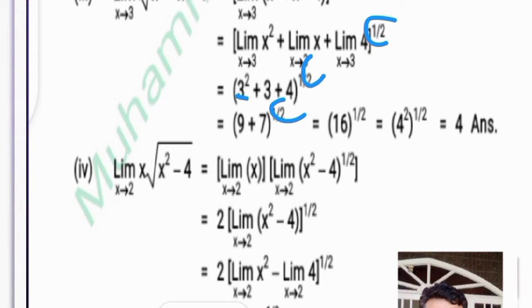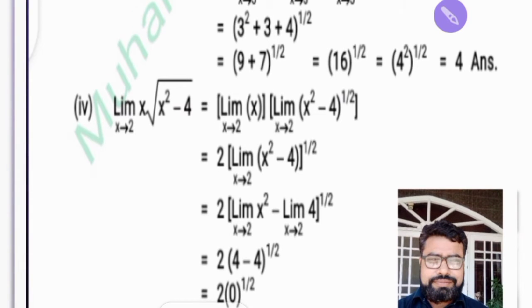Now 3 square is 9, 3 plus 4, that is 7, 9 plus 7, that is 16, 16 power 1 by 2. We can write 16 as 4 square, so power 2 will be cancelled with 1 by 2, and answer is 4.